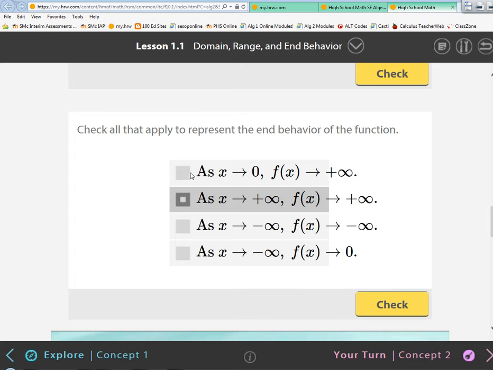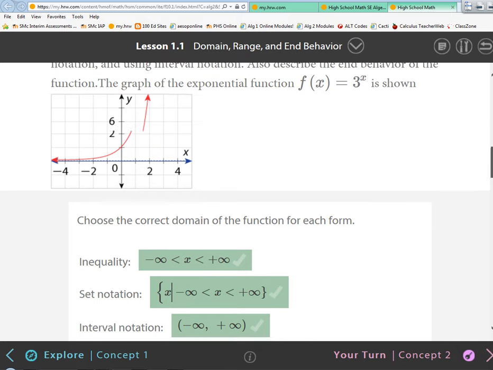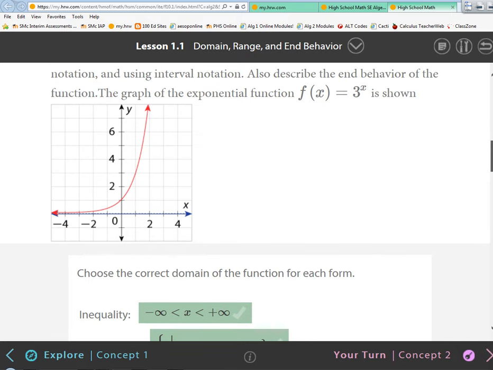What about this one? As x approaches negative infinity, so what does that mean? As the ant walks infinitely far to the left, f of x approaches negative infinity. So that'd be saying as the ant walks infinitely far to the left, he or she also walks infinitely far down. Is that true? It doesn't seem right, does it?